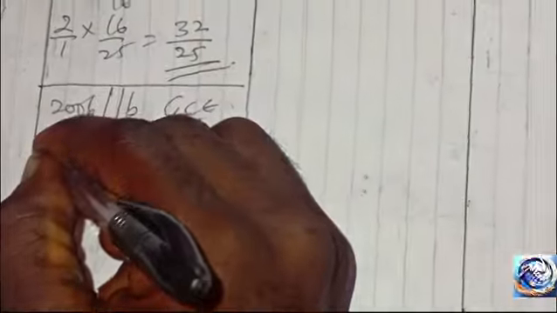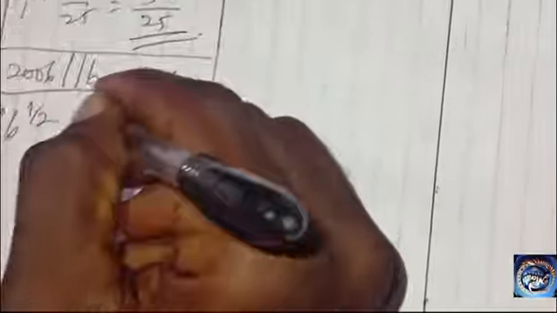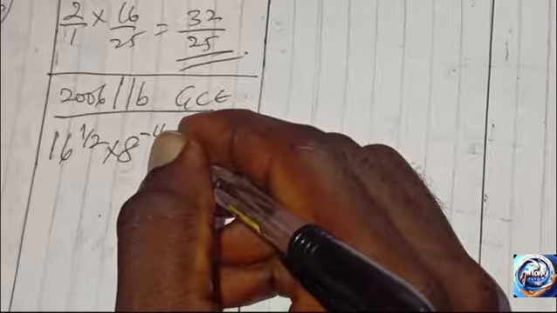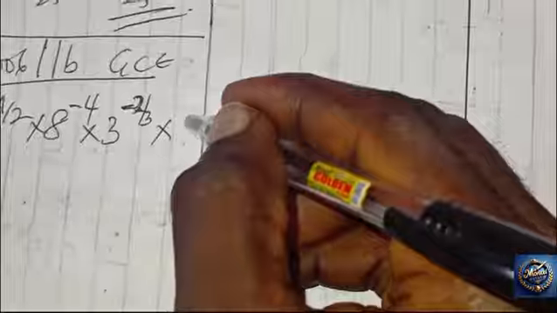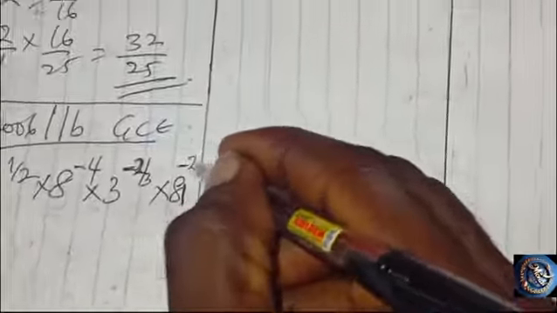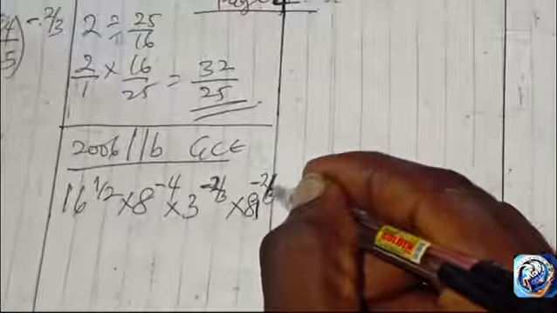It says without using mathematical tables or calculator, simplify 16 raised to power 1 all over 2, times 8 raised to power minus 4, times 3 raised to power minus 2 over 3, times 81 raised to power minus 2 over 3.